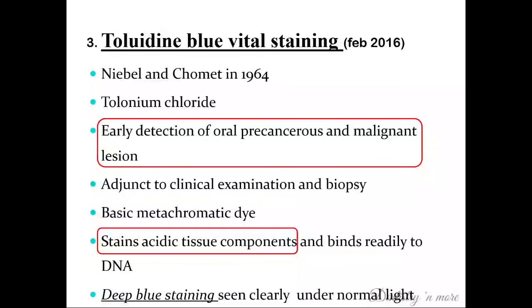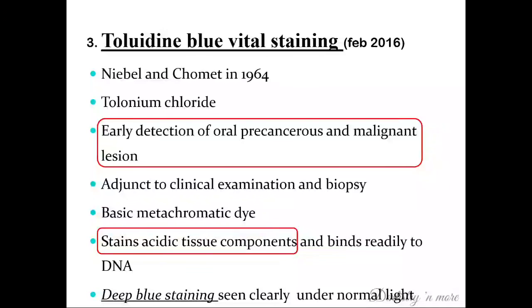The indication for toluidine blue vital staining is as an adjunct to the clinical examination as well as biopsies, and it's a basic metachromatic dye. The mechanism of action is that it stains the acidic tissue components and binds to the readily cited DNA proteins of the malignant lesion.